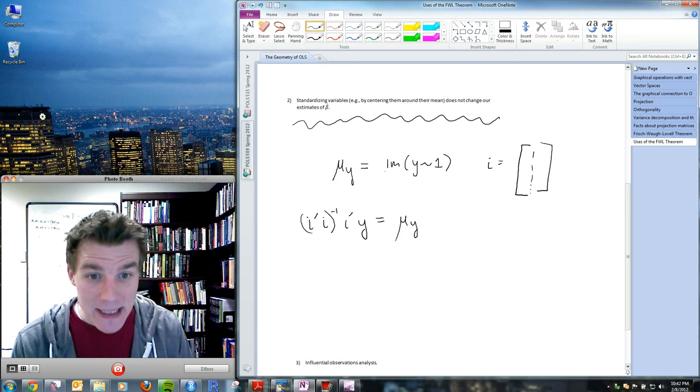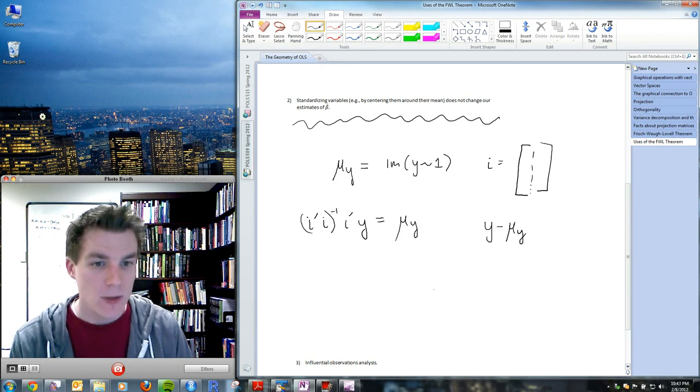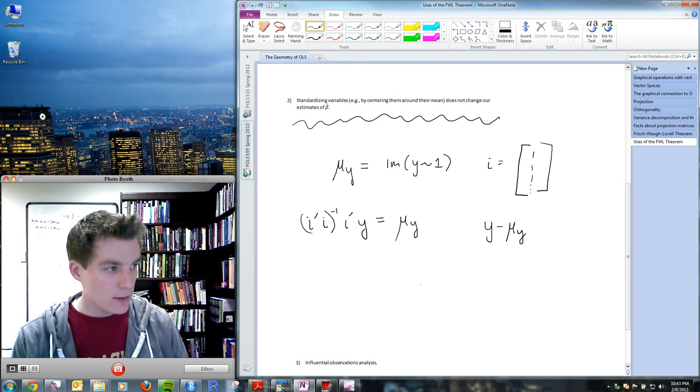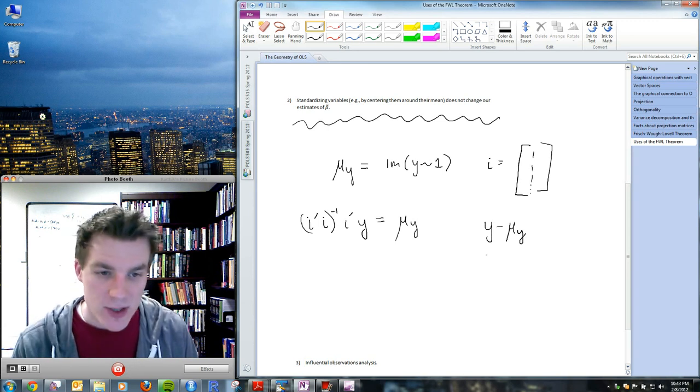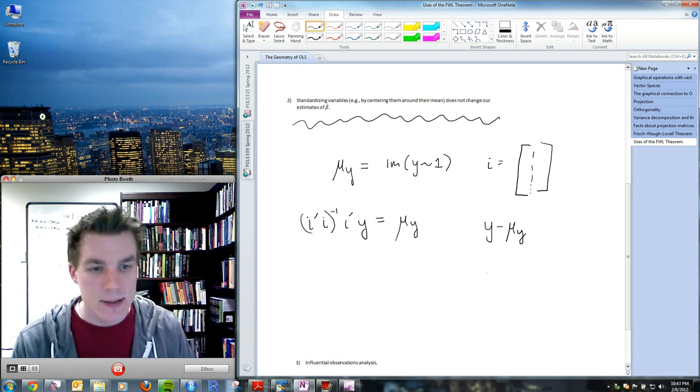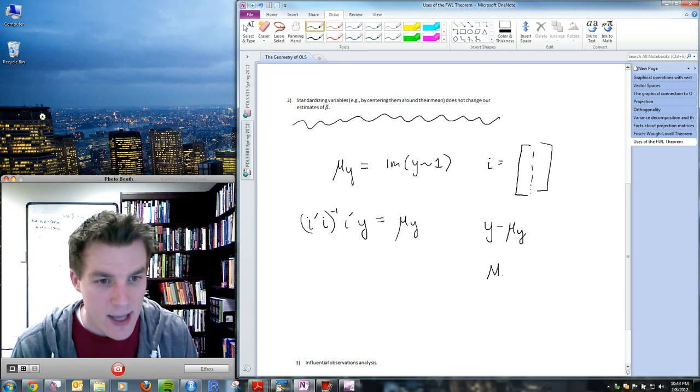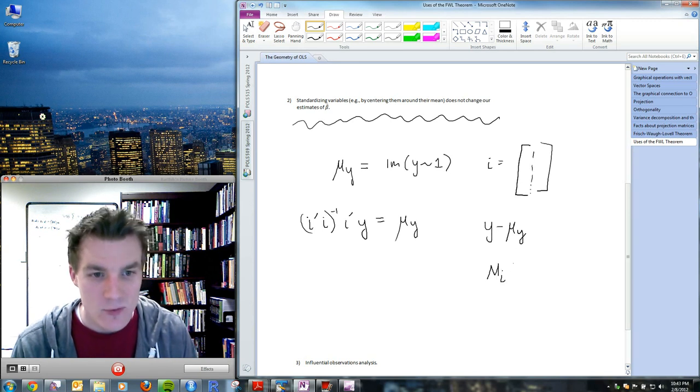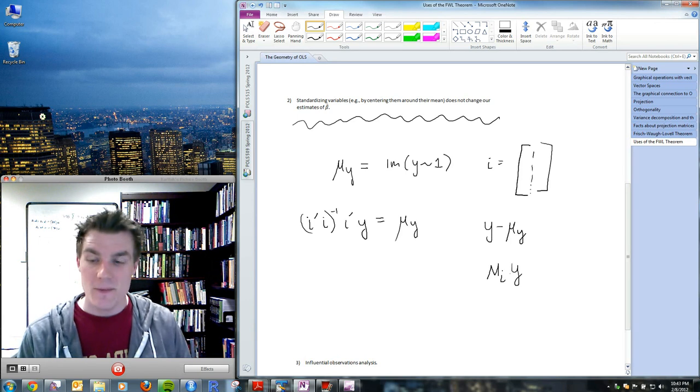So if I demean a variable, if I construct a new variable y minus mu y, what I am in effect doing is running a regression of y against a constant and extracting the residuals from that regression.